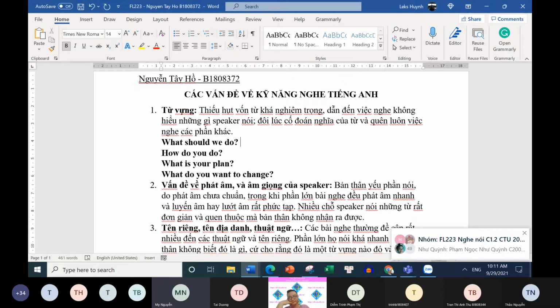I think that most of us have the same way of learning vocabulary. We just learn by heart the vocabulary in English, translate it into Vietnamese and learn it by heart.